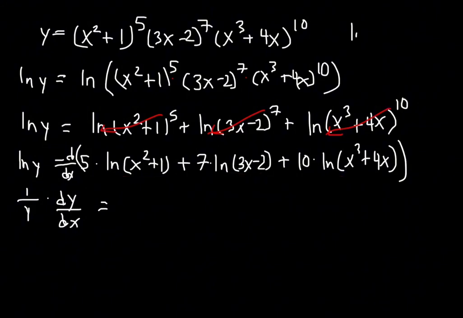Now, because we have an addition here, we can just take the derivative of each of those. And the derivative of ln u is u prime over u. So in this case, the inside function is the u. The derivative of x squared is 2x, and the derivative of 1 is just 0.